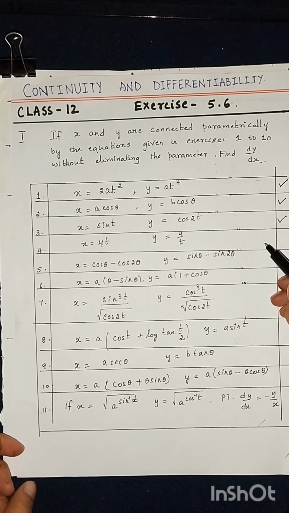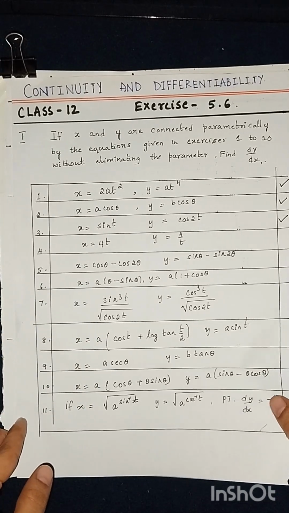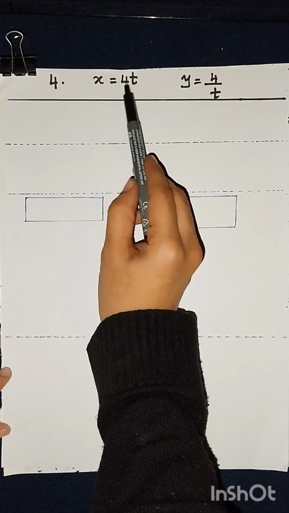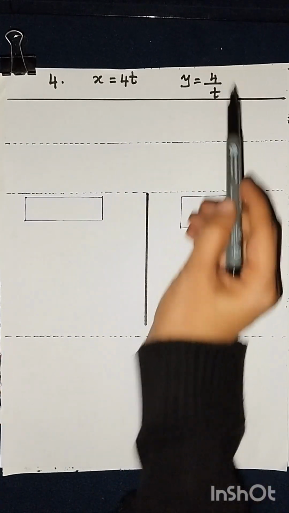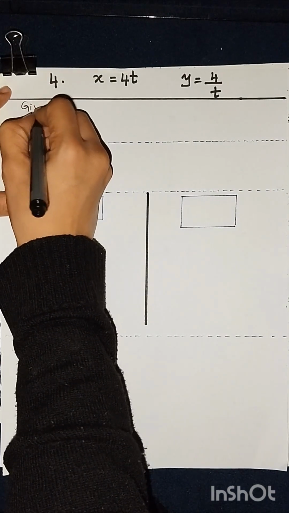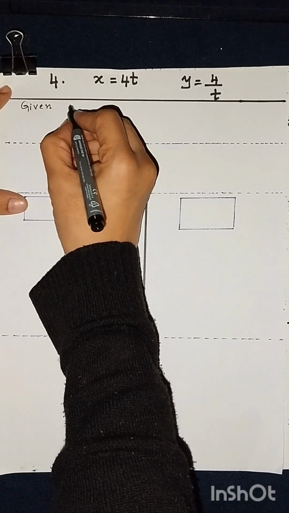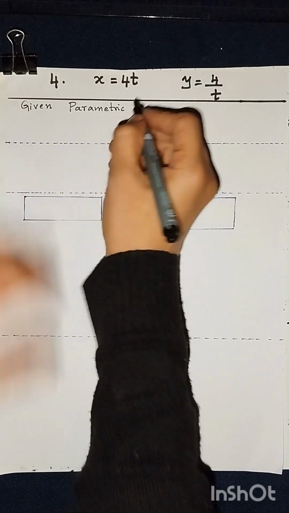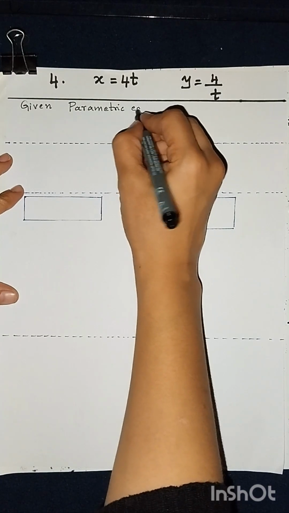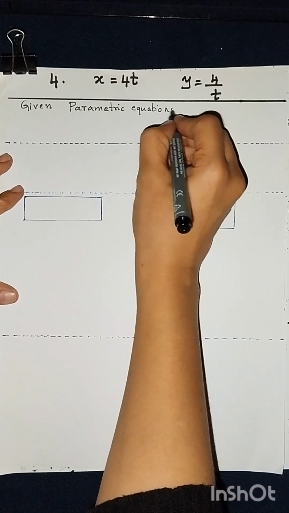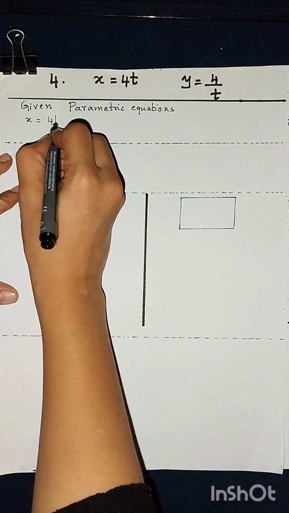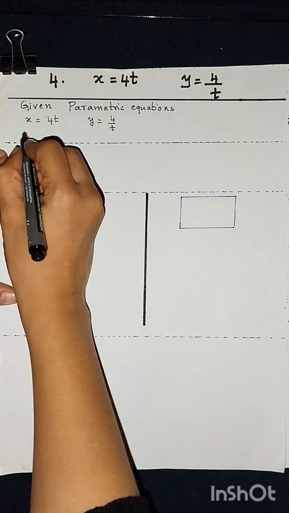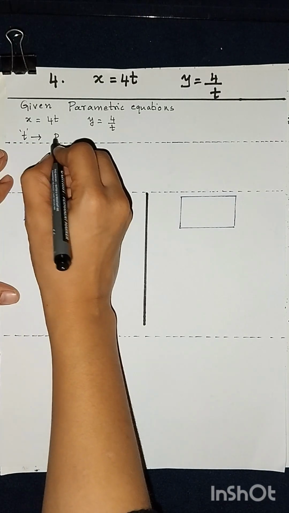Now we will find the derivative for the fourth parametric equations. x is equal to 4t, y is equal to 4 by t, given parametric equations. So here the parameter is t.